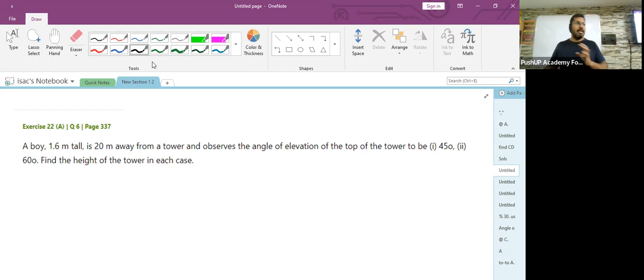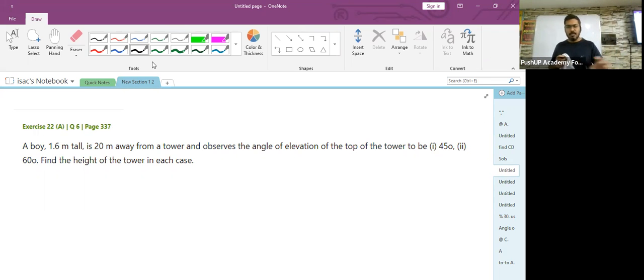But when you go for boards, for mensuration sums, even if you don't draw the figure, nobody is going to cut the marks. And even for heights and distances, nobody is going to cut marks if you don't draw the figure. But the point here is, in heights and distances, if you try to solve a sum without a figure, you're not going to solve it, isn't it? So that's the point. Even though there is no weightage, you're forced to draw the figure.